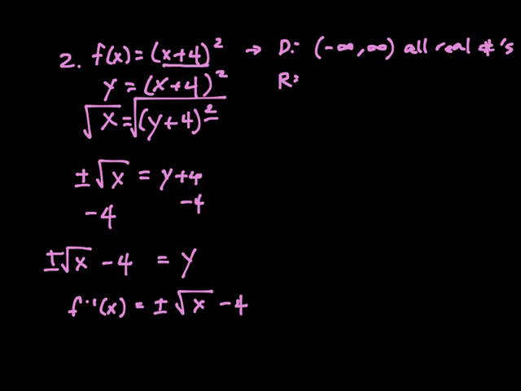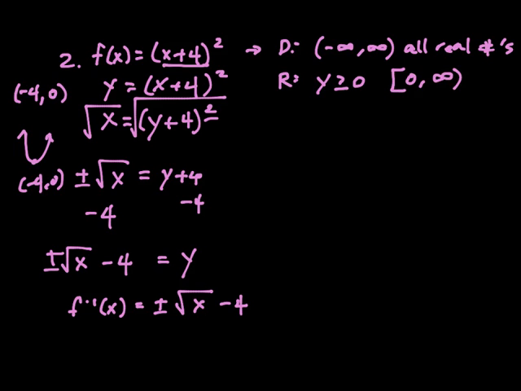So h, you look at inside, and it's a positive 4, so we leave that negative behind, and now it becomes a negative 4, and then 0. Okay, so we know that y is greater than or equal to 0 because this parabola looks like this. And you can also rewrite that as 0 and then infinity.